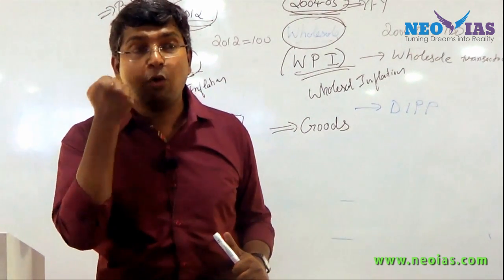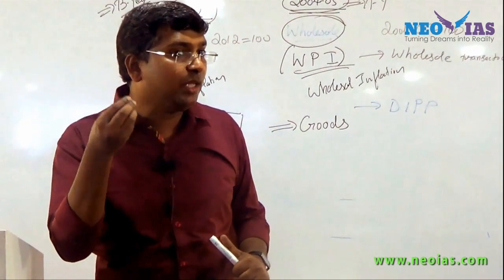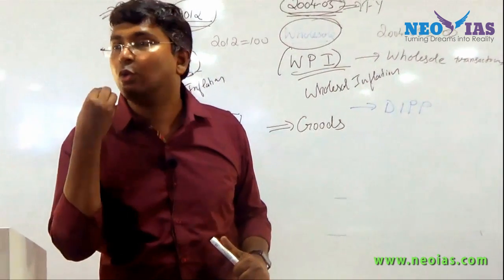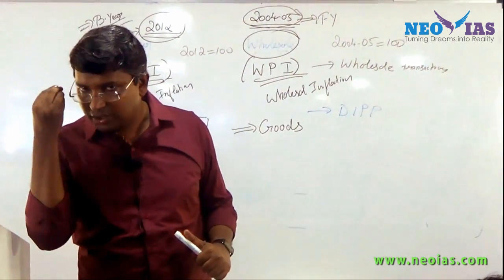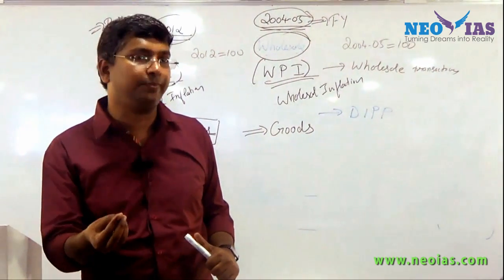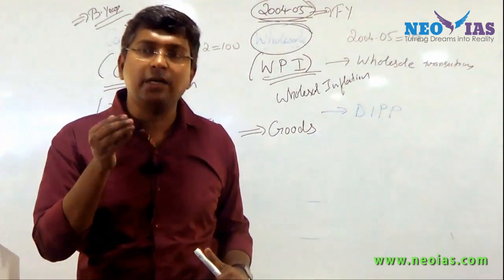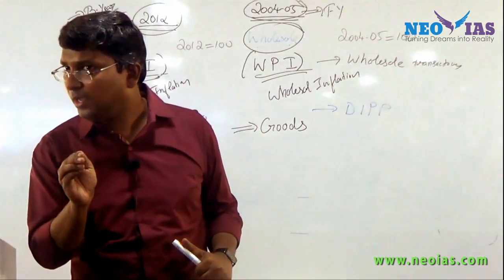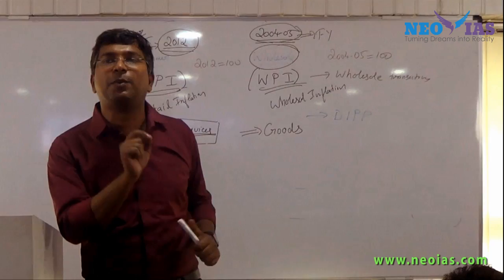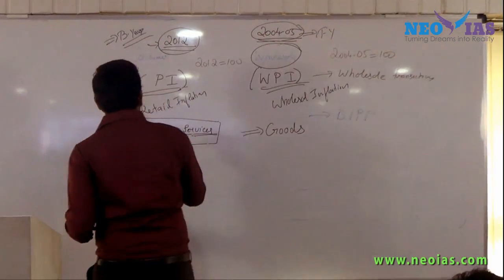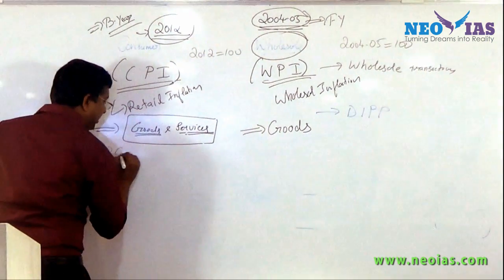So through which method can we know the consumption pattern? The government, through the Central Statistics Organization, conducts at regular intervals a survey called the consumption expenditure survey. It's very important.